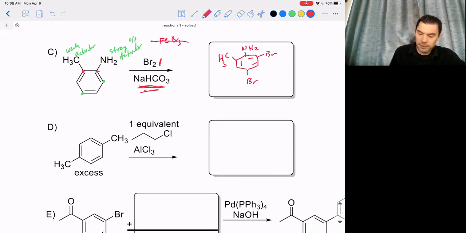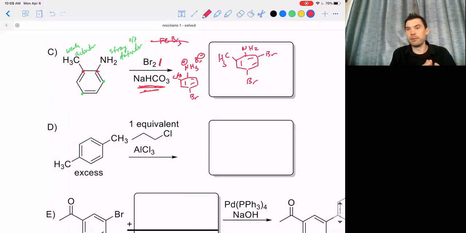And this weak base is here to help out because after that first reaction, you generate HBr. And the aniline is going to be basic.